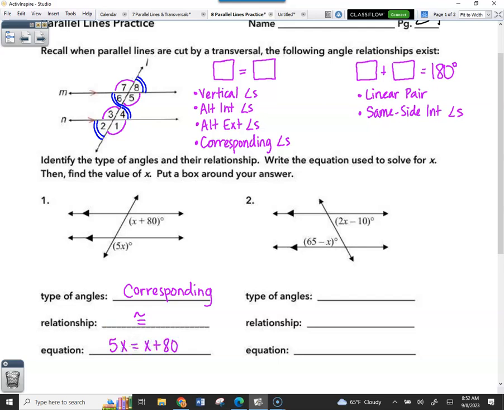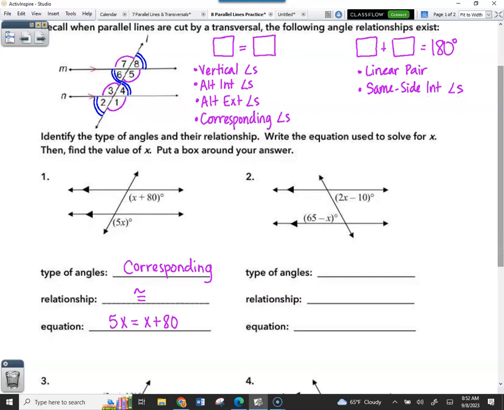And then you solve it up underneath. Did you get 20?